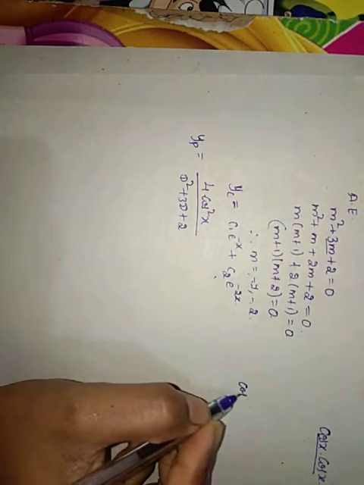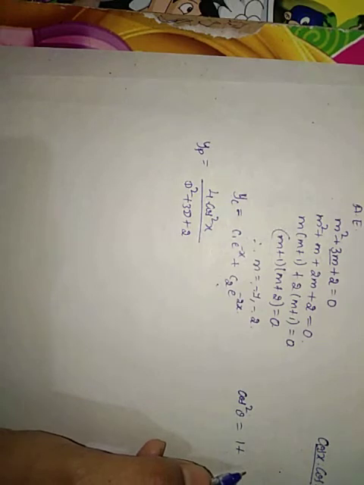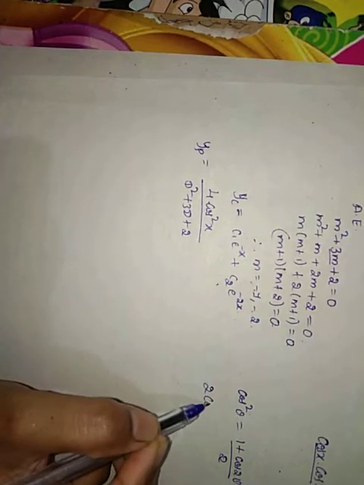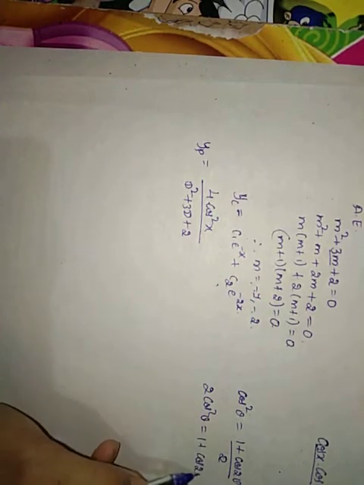In the trigonometric formula, we have cos square theta is equal to 1 plus cos 2 theta divided by 2. Or else you can write it as 2 cos square theta is equal to 1 plus cos 2 theta.